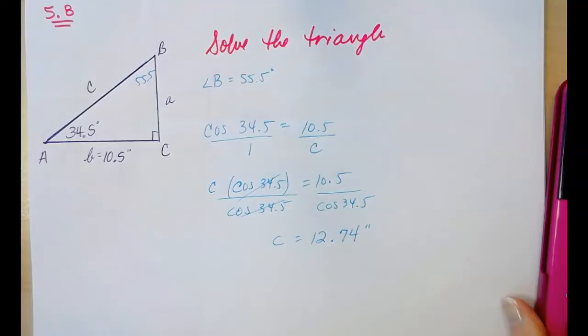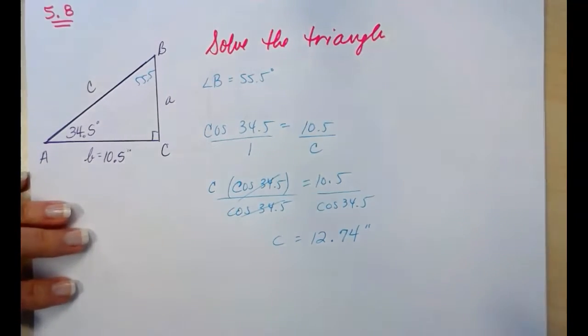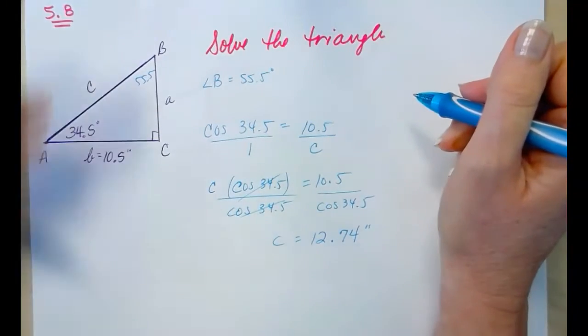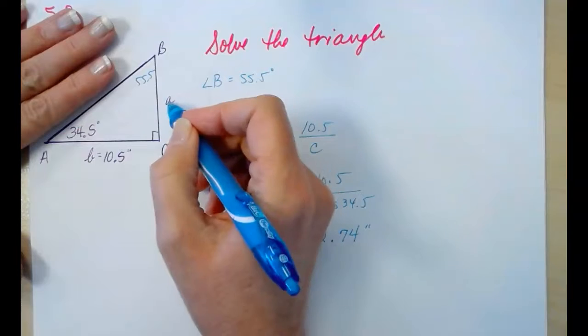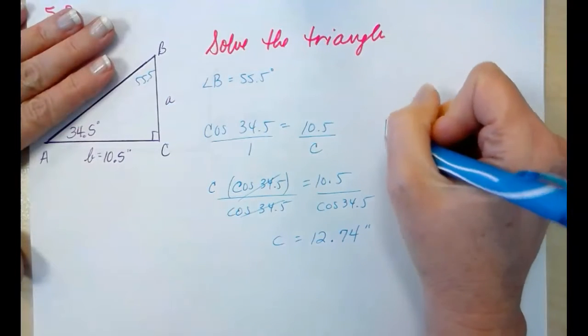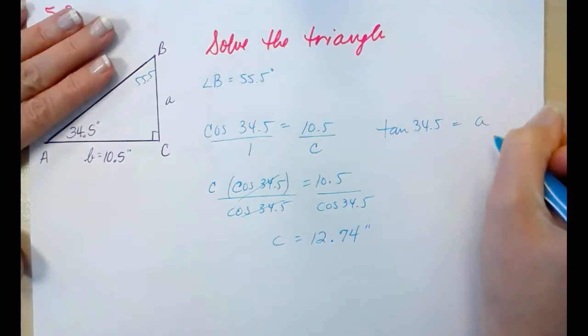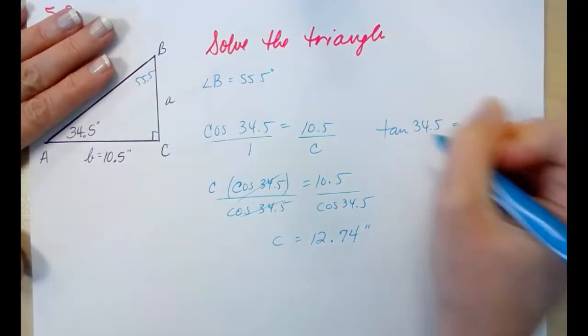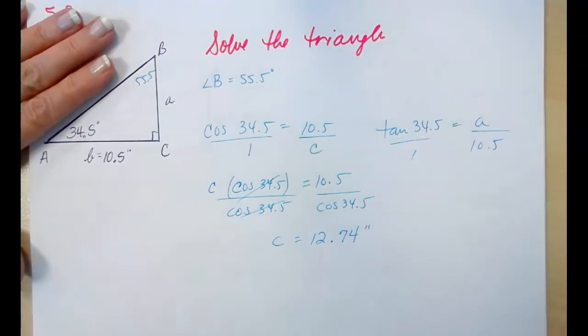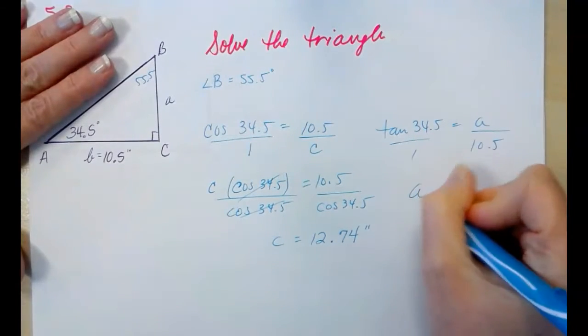You can find little a using the Pythagorean theorem, or you can quickly just set up another trig function. In this case, I'm going to use opposite over adjacent. That would be tangent. The tangent of 34.5 is equal to a over 10.5. All we have to do is a quick cross multiplication.